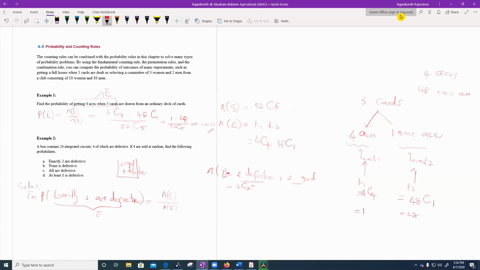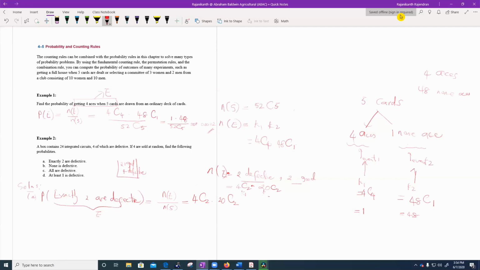That should be 20 choose 2. So this is basically my N(E): 4 choose 2, choosing 2 defective, and 20 choose 2, choosing 2 good. That is my N(E). We can think of this as my K1 and this as my K2. Then this all over N(S).